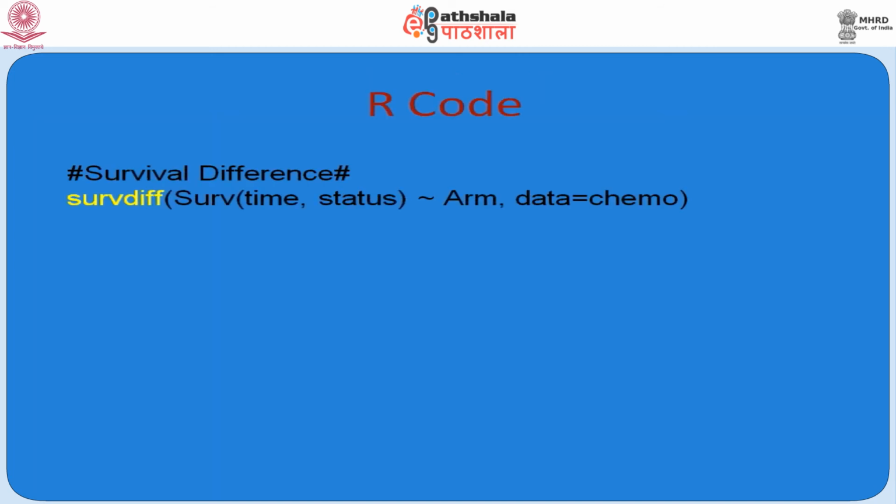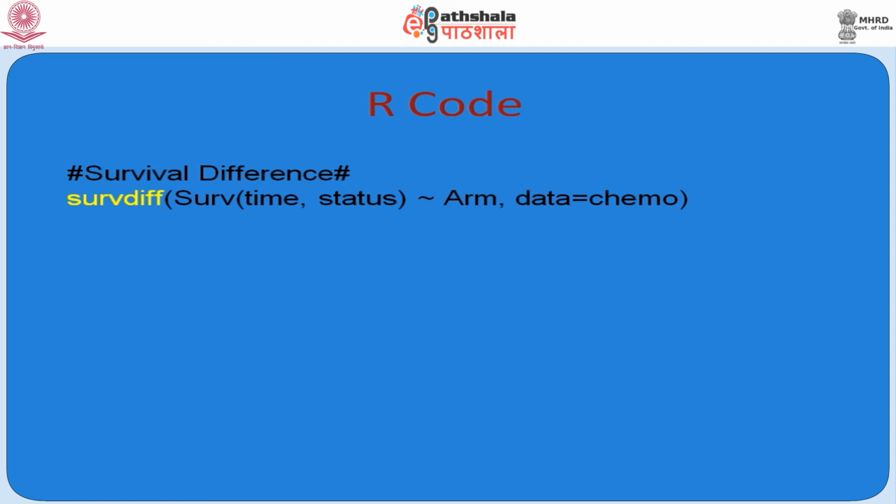Now coming to finding out the survival difference. To get the survival difference, in the library called survival, we can use the function called survdiff, colored in yellow, and again we put the capital SURV function with time and status between the arms for the data.